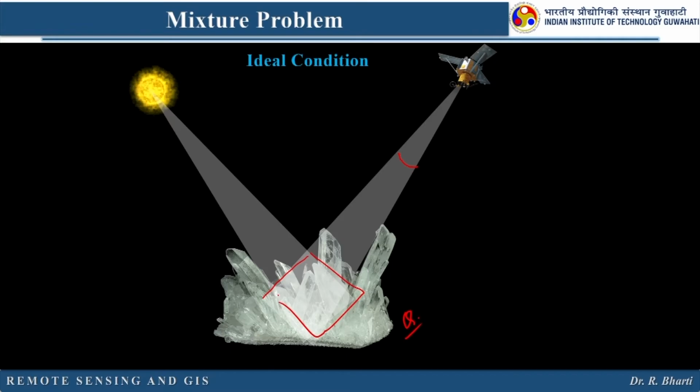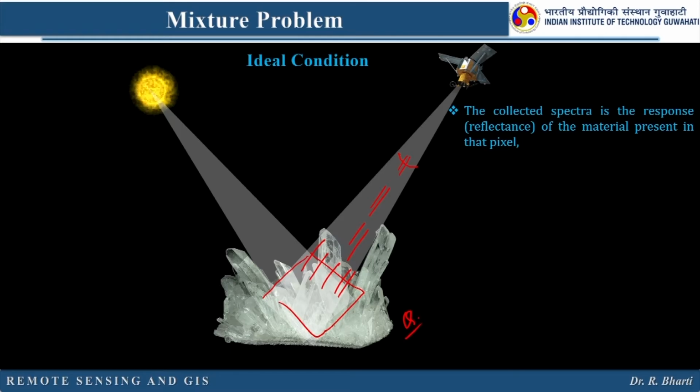There is no other material coming into the picture in this particular field of view. So, it is actually one type of material. This is the ideal condition where we assume everything is perfect, right. So, here the result will be only for this particular quartz, right. The collected spectra is the response, basically in reflectance, of the material present in that pixel.